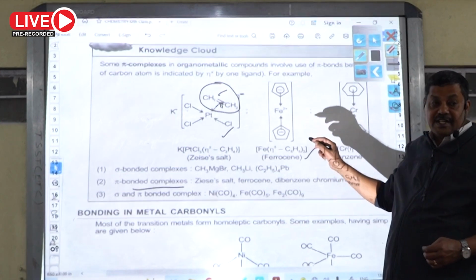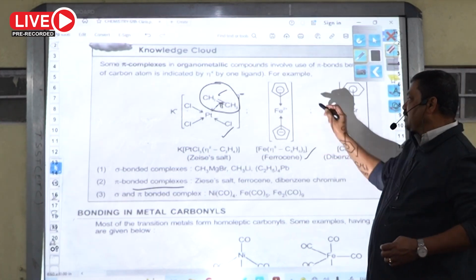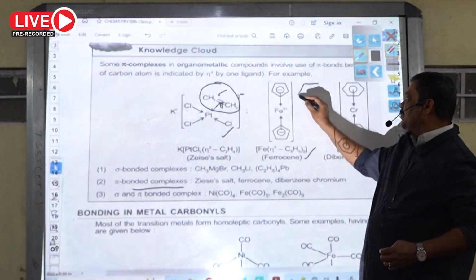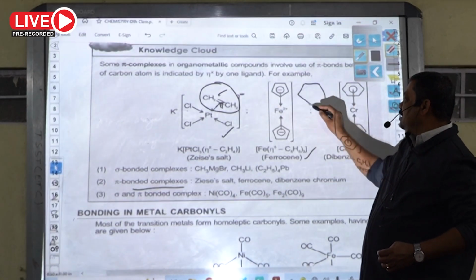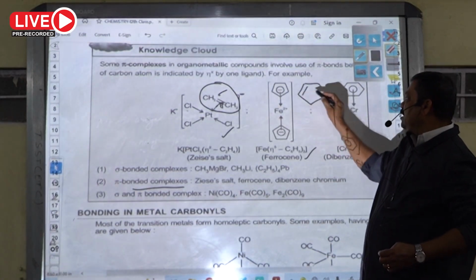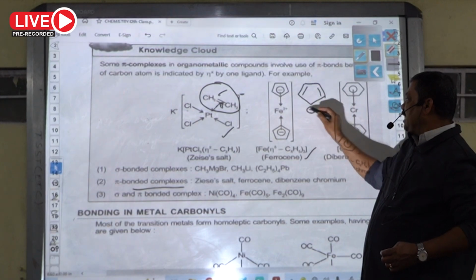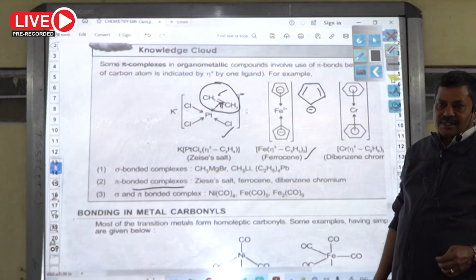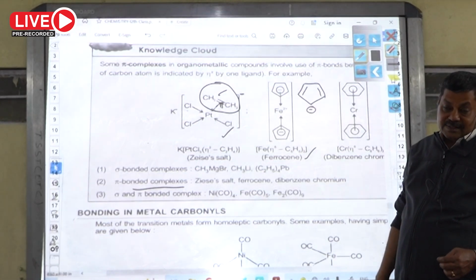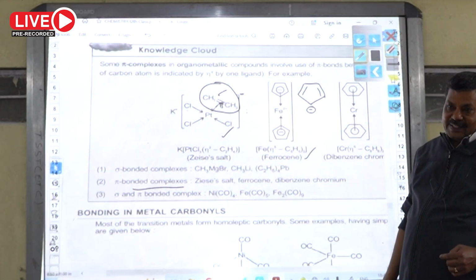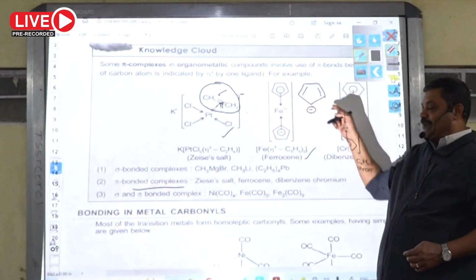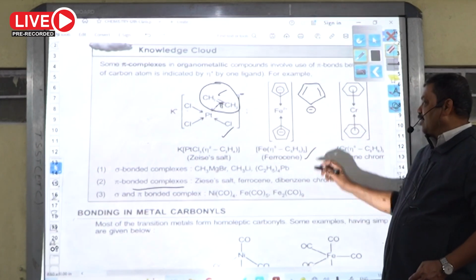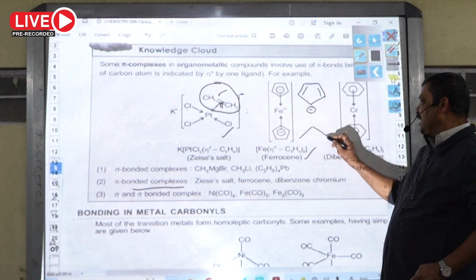Second example, ferrocene. Ferrocene is a sandwich compound in which there are cyclopentadienyl anions. What is it? Cyclopentadienyl, two enes are there. And one more cyclopentadienyl anion.